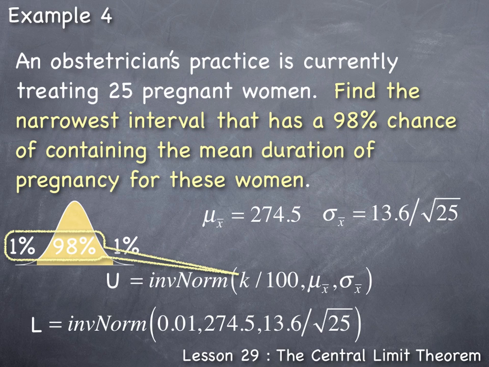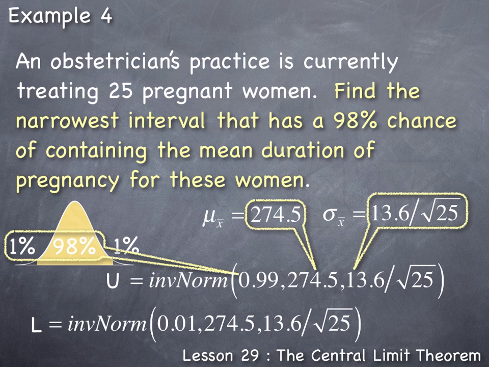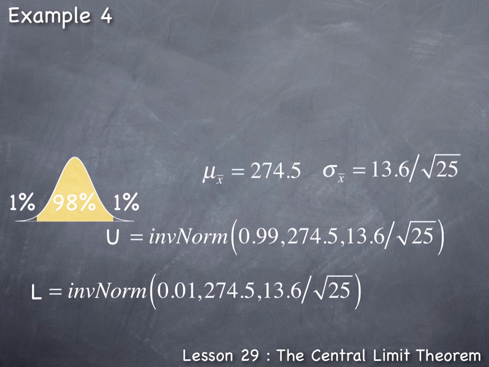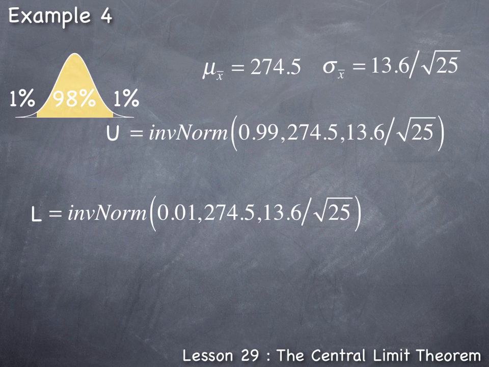Thus, k would be 99. So we can enter this into the calculator as 99 divided by 100, or the decimal version of 99%, which would be 0.99. The mean was 274.5, and the standard deviation is 13.6 divided by square root of 25. Now we can enter these values into the TI-84 calculator. The inverse norm command is found in the distribution menu.